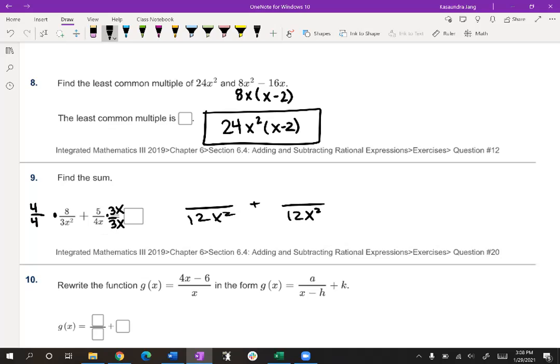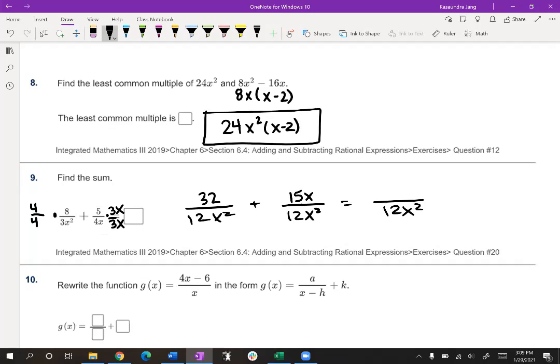So let's take a look at this. The numerator is 4 times 8. So my 4 times 8 is going to give me a 32. And then my other numerator, the 5 times 3x, so 15x. All right, and then when I add them, I will keep that 12x squared.